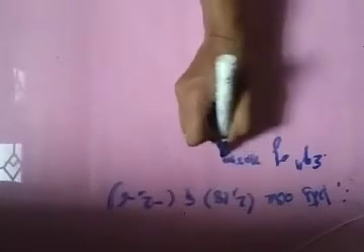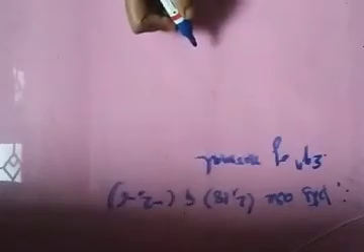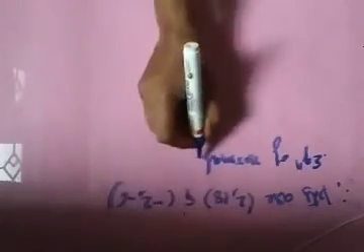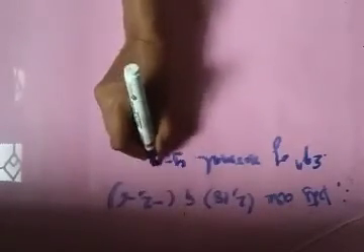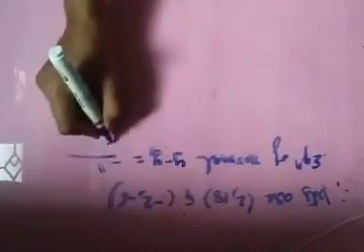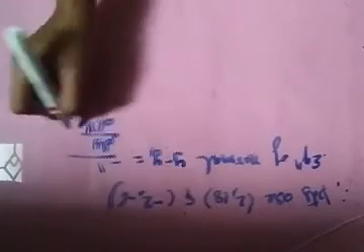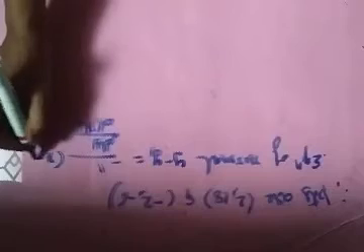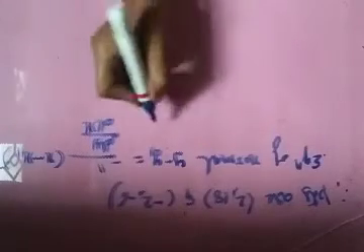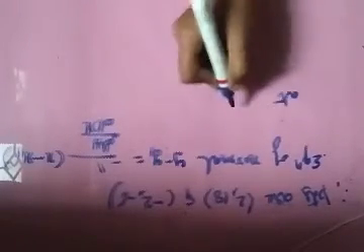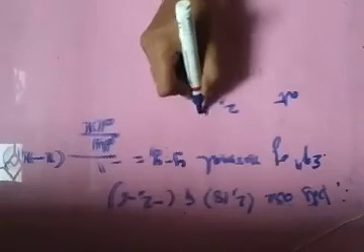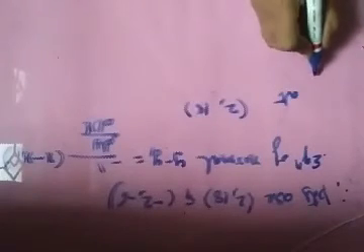So, the equation of normal is given by y minus y1 is equal to minus 1 by dy by dx into x minus x1, at 2, 18.